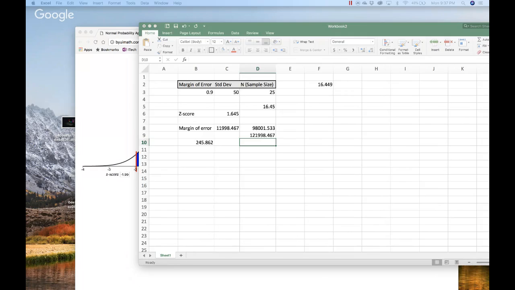So it's 122. Oh no. 121,997, right? Would it be 7 or 8? It would be 7 because we're not talking about sample size. With sample size, you always have to go up. Right, but if you're rounding down, it's just dropping the decimal.